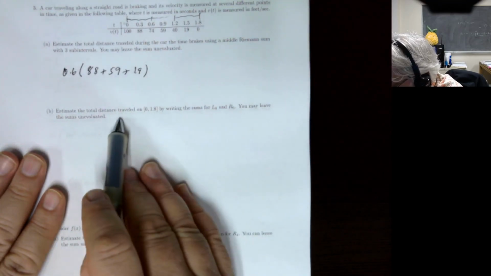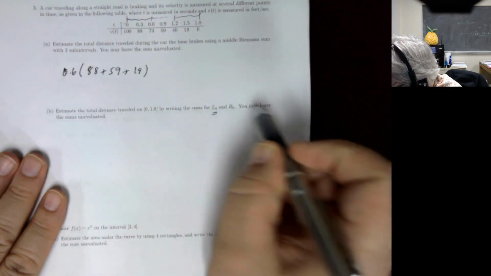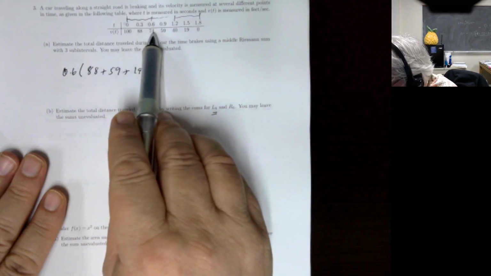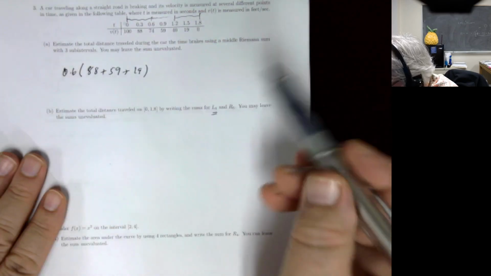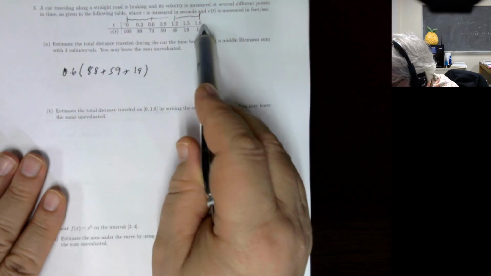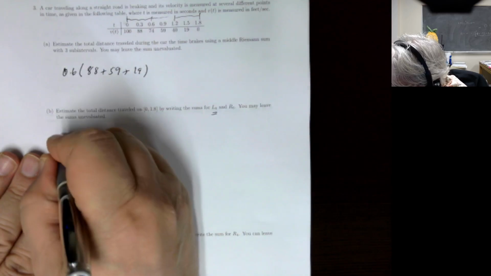Good. Now if we're using 6 rectangles, we have to use all of the data, right? So for L6, those are the left endpoints. So the left endpoints are 0, 0.3, 0.6, 0.9, 1.2, and 1.5. So we don't use 1.8. R6, on the other hand, uses 0.3 through 1.8. Okay. And each of those, by the way, has a width of 0.3.